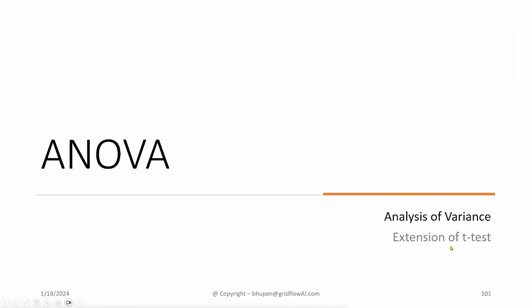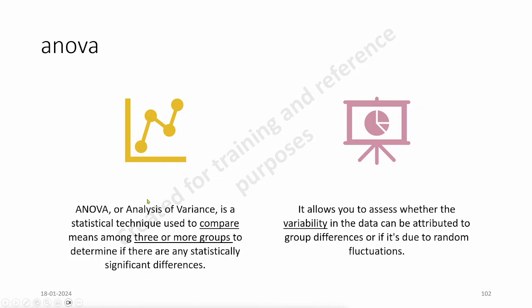ANOVA is an extension of the t-test. As you recall, the t-test was between two groups. Since this is an extension, ANOVA would be able to deal with more than two groups. And this is also based on variance; in fact, it's called analysis of variance. So what is ANOVA?